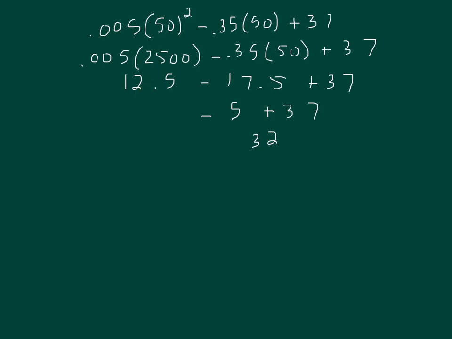Then you multiply 0.35 times 50 and that'll give you 17.5. And don't forget your negative there. Then you do 12.5 minus 17.5 and that will give you negative 5. And negative 5 and 37 will give you 32. So 32 is your answer. All right, so there are your basics for evaluating polynomials.